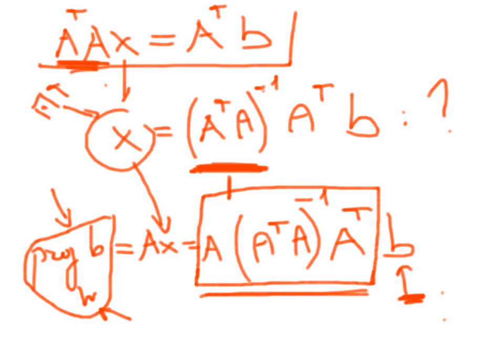This is the way to project in general any vector B on a subspace W.